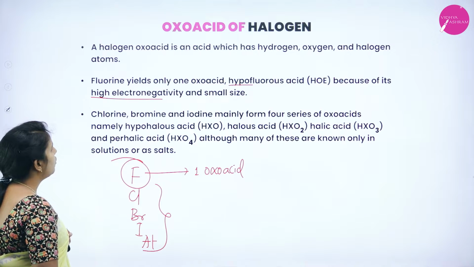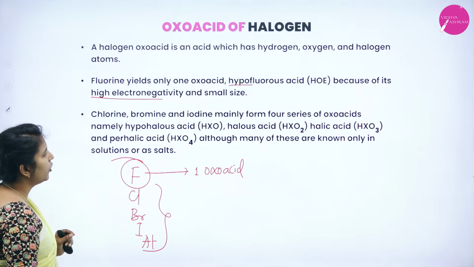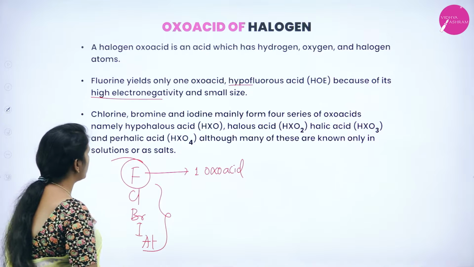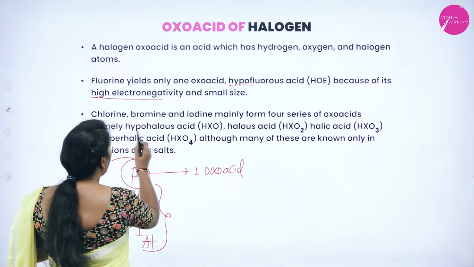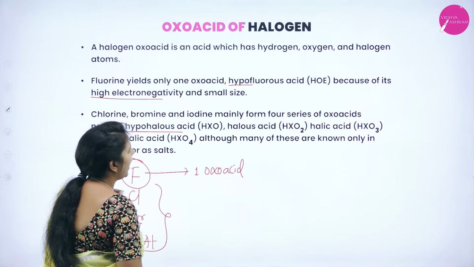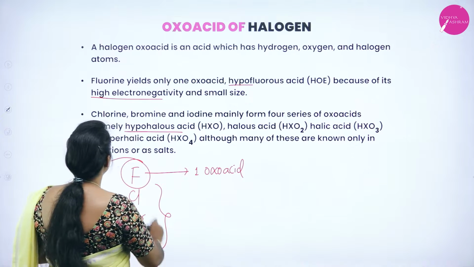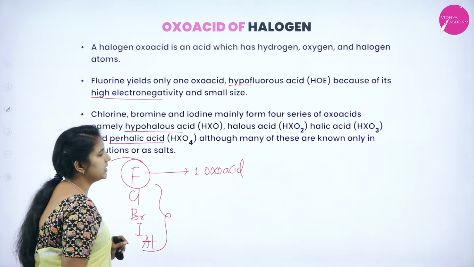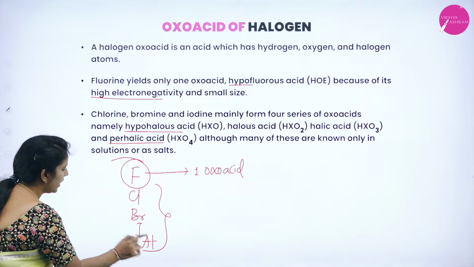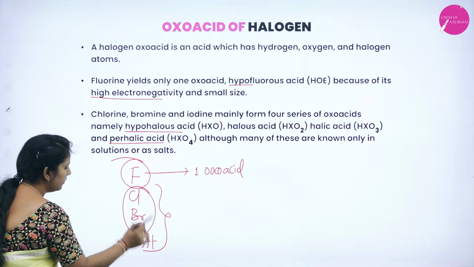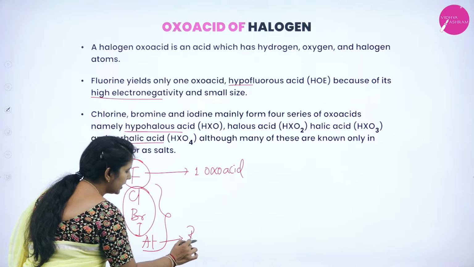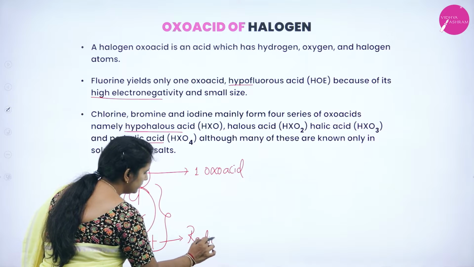Chlorine, bromine and iodine mainly form a series of four oxoacids. They are namely hypohalous acids, halous acids, halic acids and perhalic acids. This is for chlorine, bromine and iodine, because astatine is radioactive, as we know.